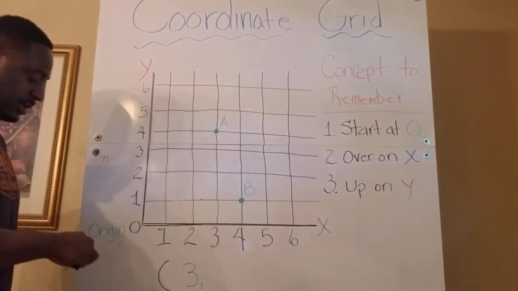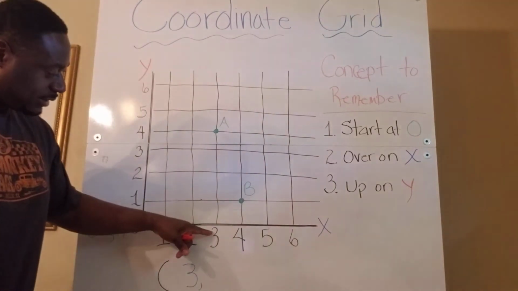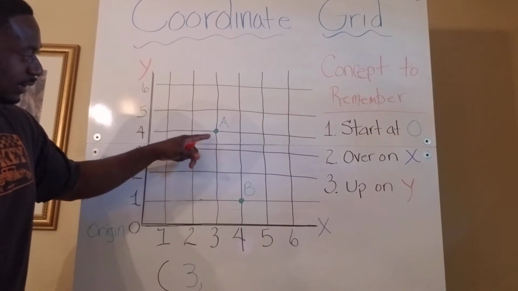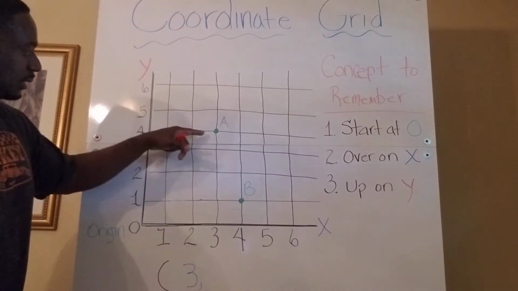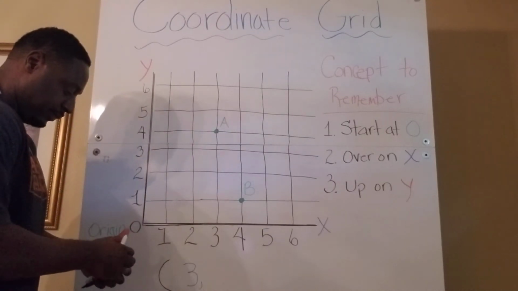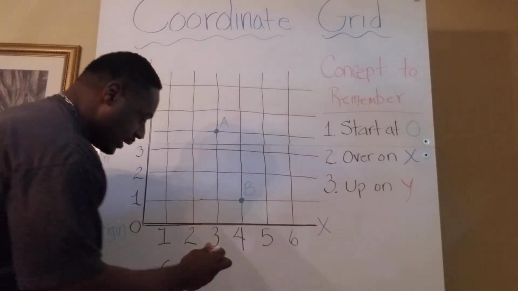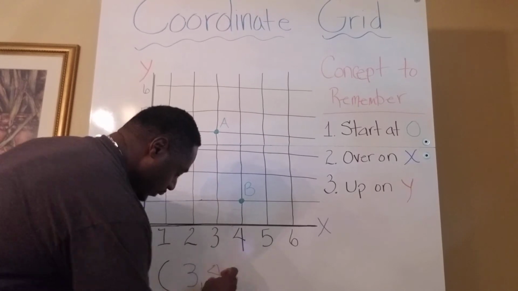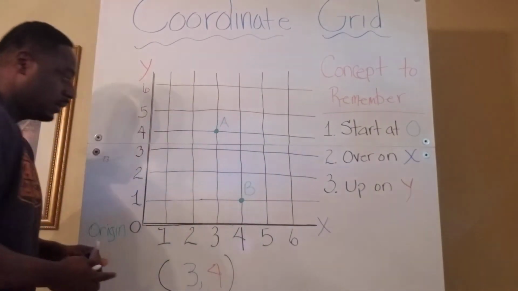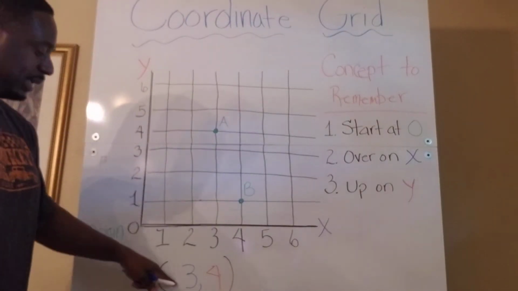All right. Next, I want to go up from this point. I want to go up 1, 2, 3, 4 ticks on my y-axis. And I'm going to show that as 4. So the ordered pair for A would be 3, 4.